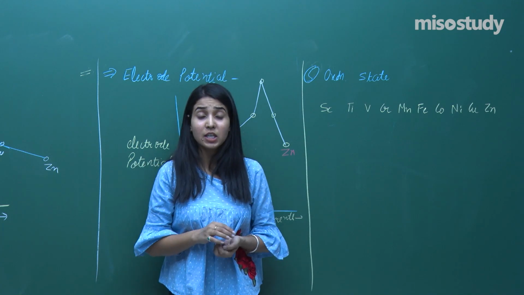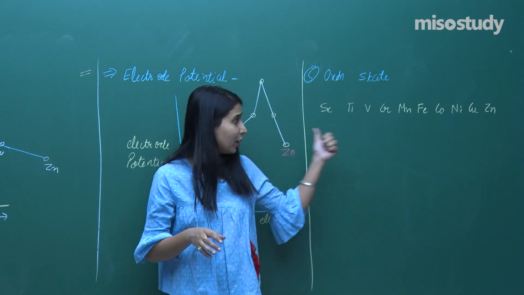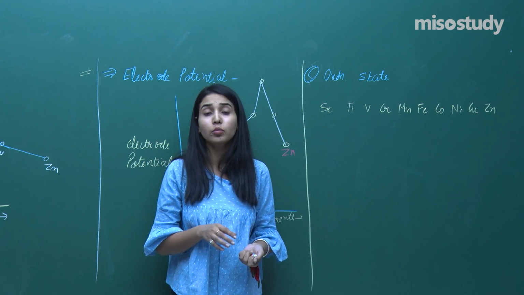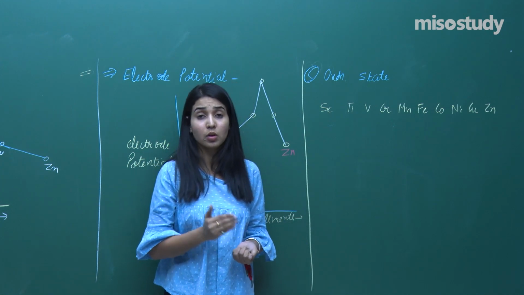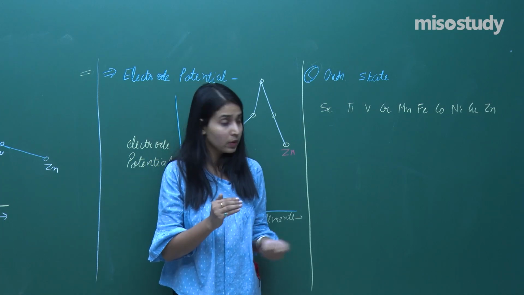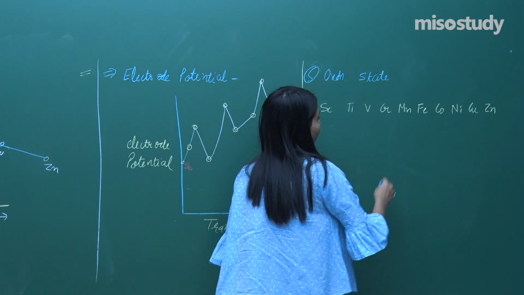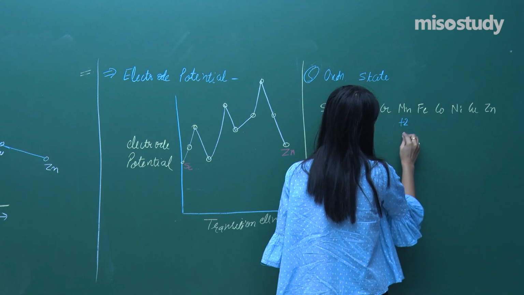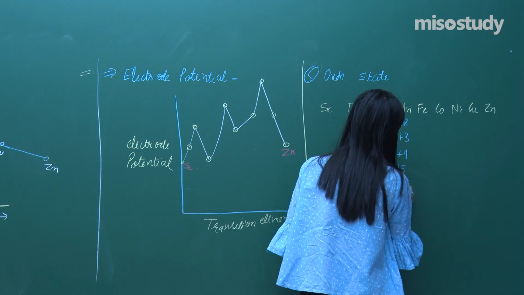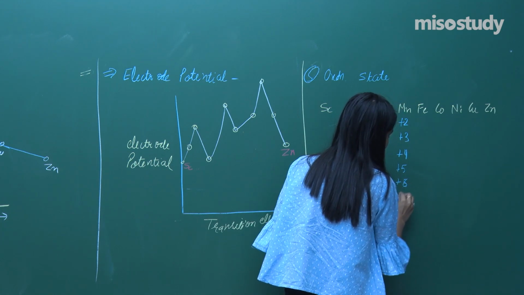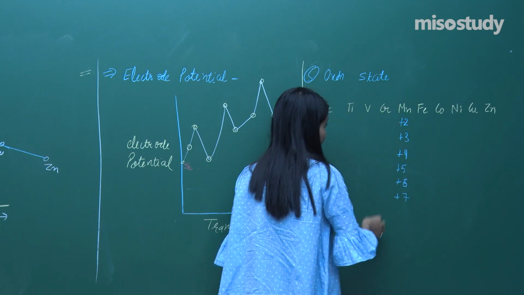For some of the cases there is not going to be much diversity, but there would be some cases where I would observe very high variation. If I start with Mn, that goes from +2 till +7 oxidation state, right?